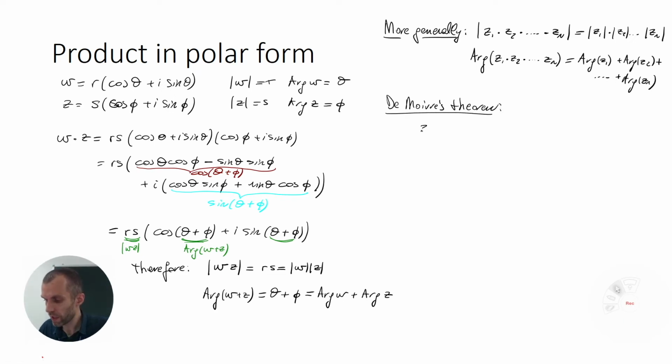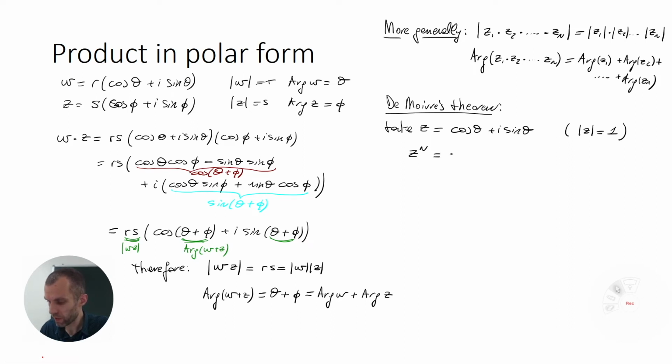So let's take Z equal to cosine theta plus i times sine theta. So in particular, what that means is that the modulus of Z is equal to 1. And now let's take Z to the power n.